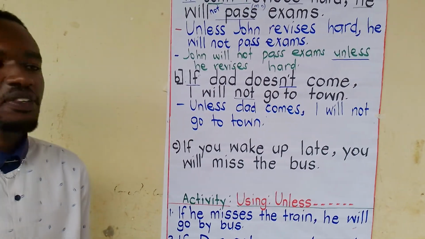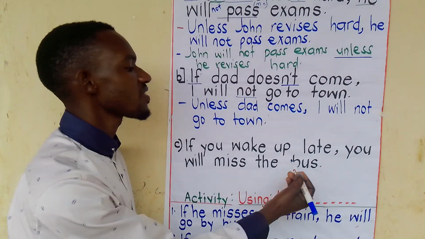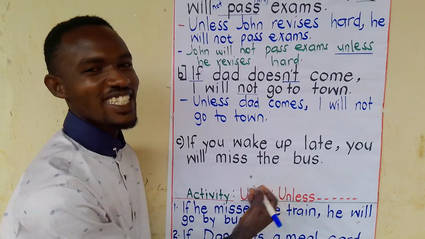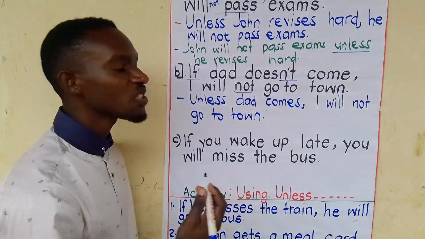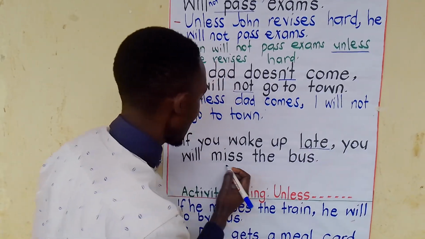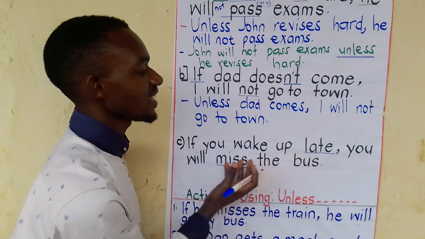Example 3. If you wake up late, you will miss the bus. What do we mean here? We have two words which are negative at the same time, that is late and miss. So when we have two negative words, what do we do?